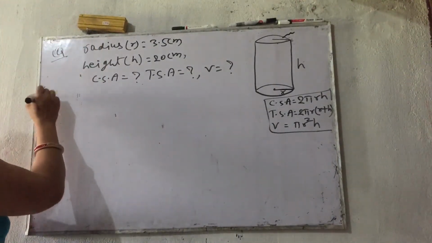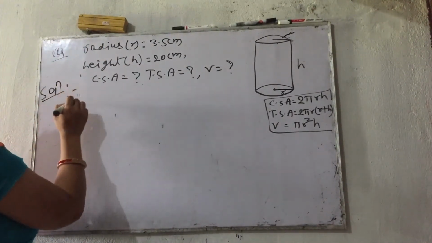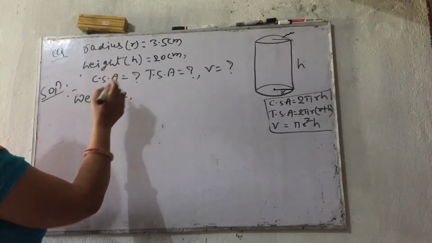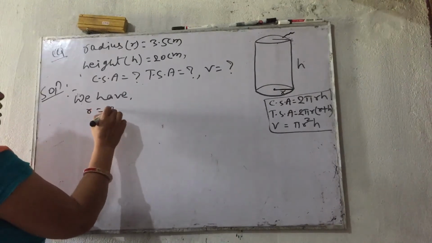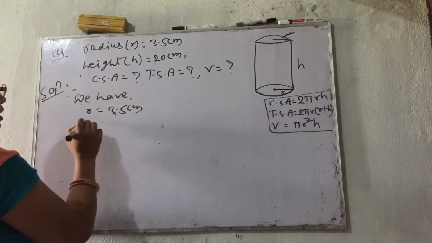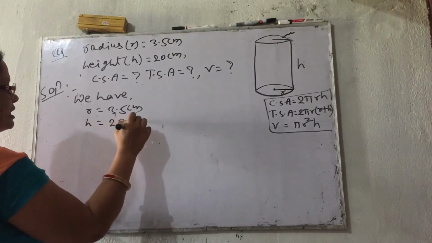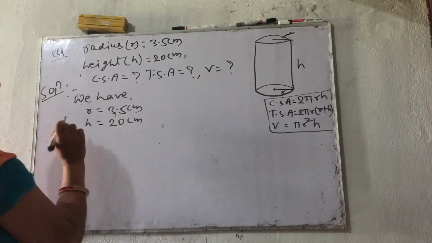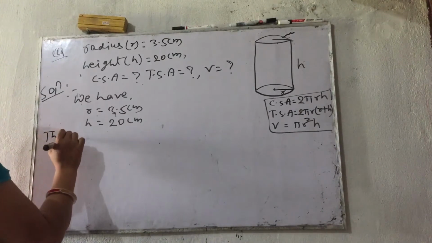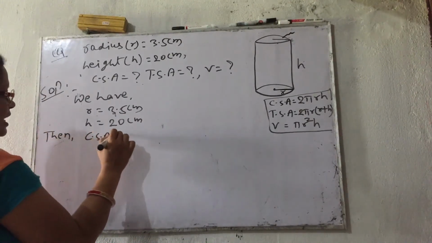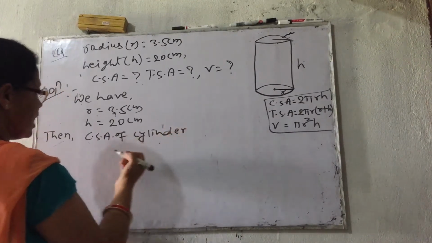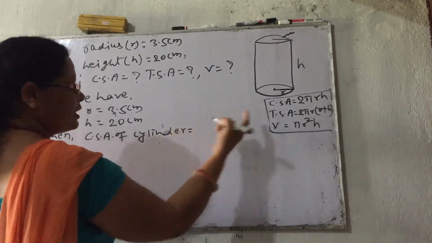Then here we have to write the solution. We have r equal to 3.5 centimeter, h equal to 20 centimeter. Then CSA of cylinder, curved surface area of cylinder, what is the formula?